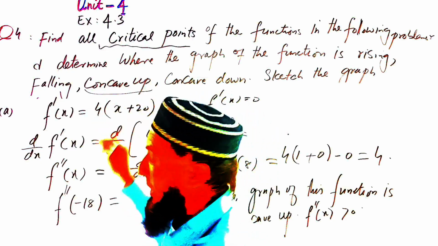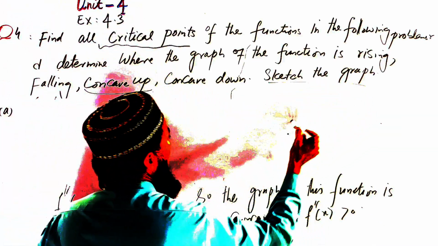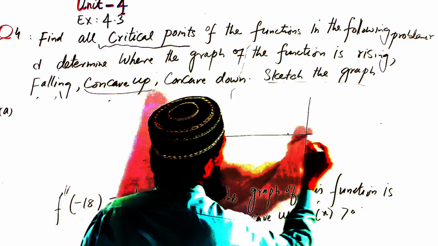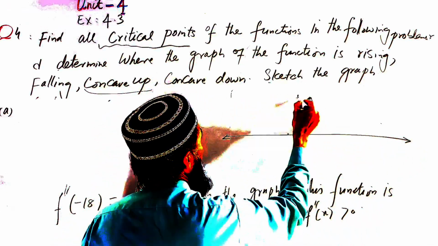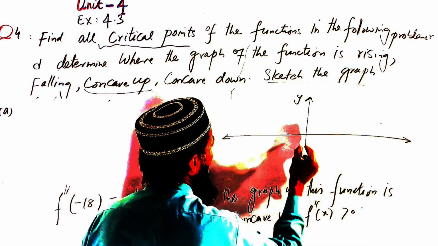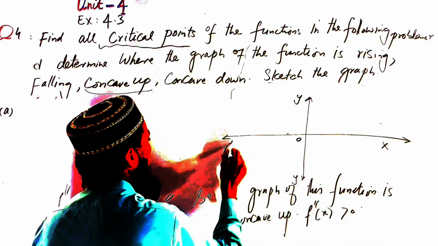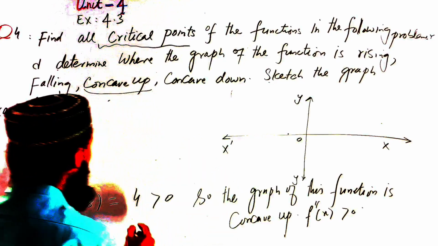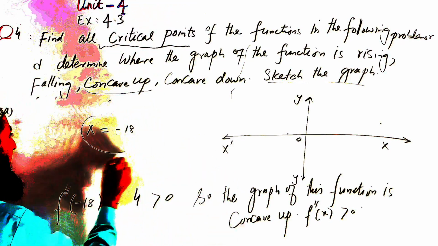So we make the graph of this function, sketch the graph. That is y and y dash, that is origin, x and x dash, and here we have x is equal to minus 18, the critical point.